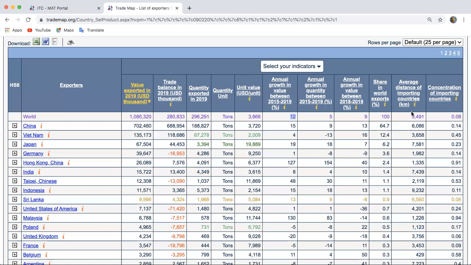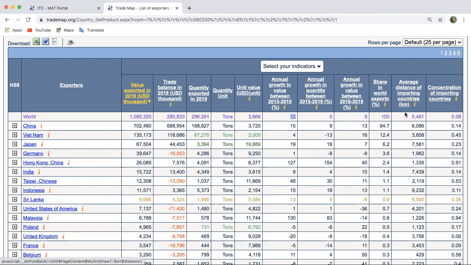The next one would be average distance. These are actually two interesting extra indicators which don't necessarily correspond to the trade flows, but it's interesting when you're benchmarking things against each other. So we have the average distance of importing countries in kilometers.